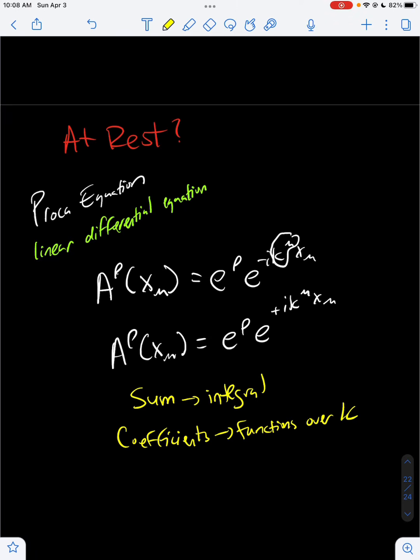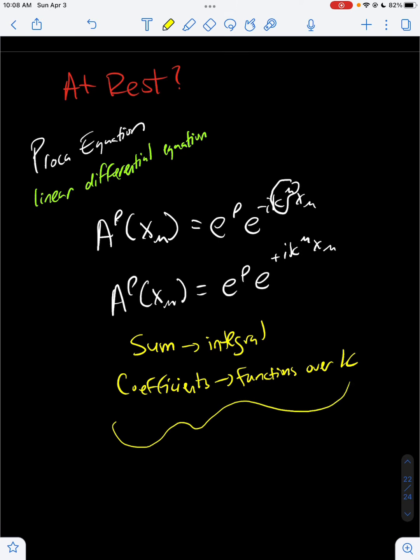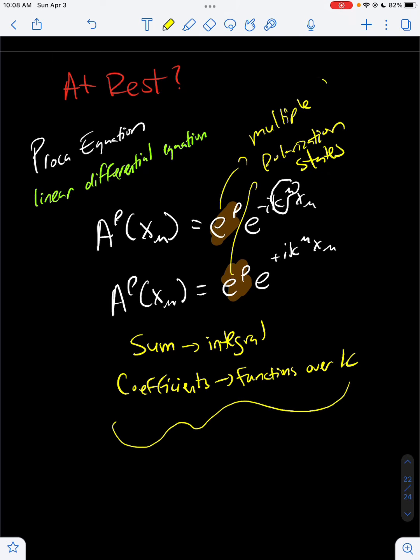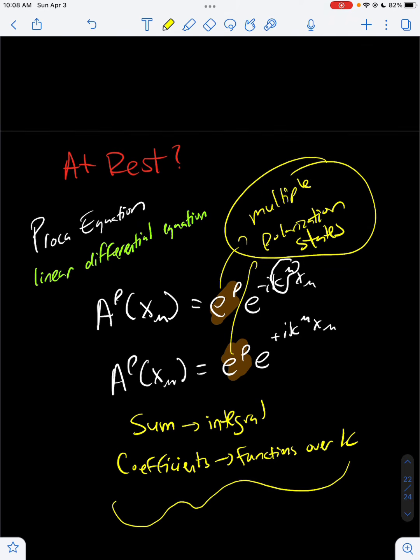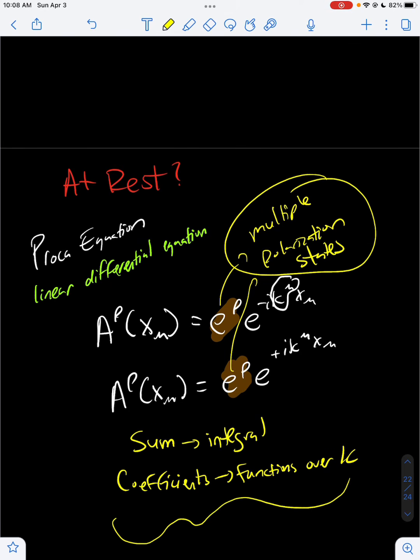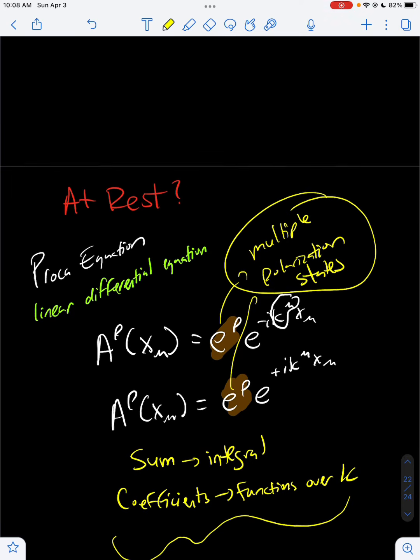Anyways, our coefficients are functions over k in this case. Also, our polarization states, we can have multiple polarization states. And since we have multiple polarization states, we can also sum over those polarization states.